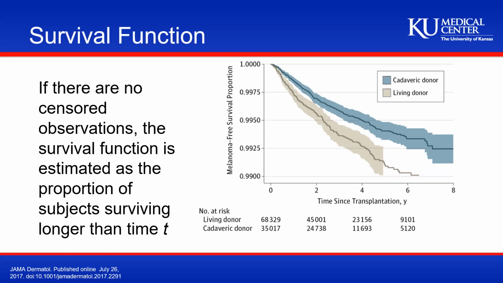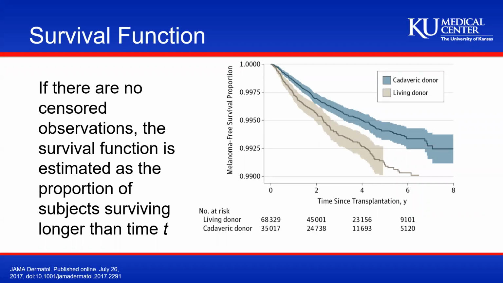In other words, they were no longer melanoma-free as of that time point. So the faster this curve is dropping, the more quickly these events are happening in that particular cohort of patients. And so if the event is a bad event, curves that drop faster represent treatments that are underperforming. Curves that don't drop as quickly represent treatments that are better.